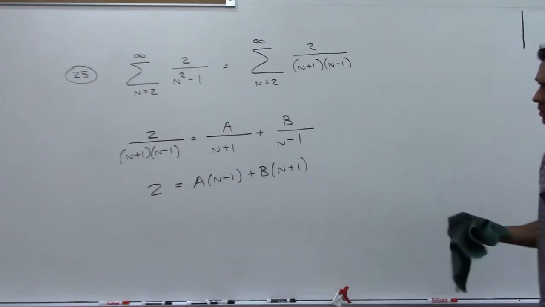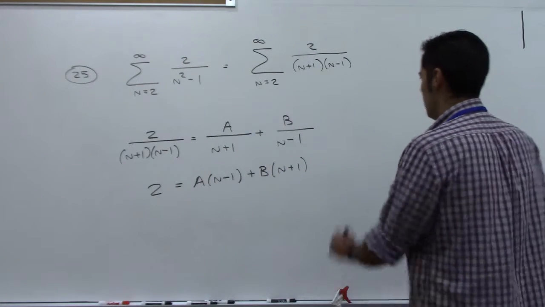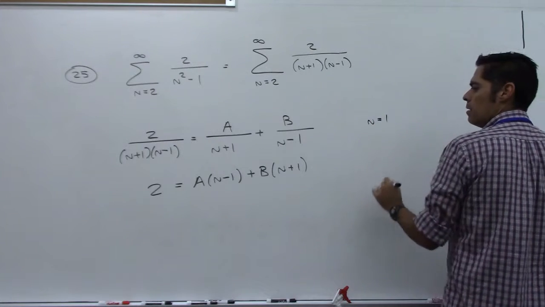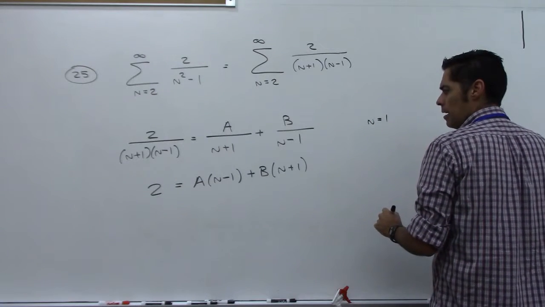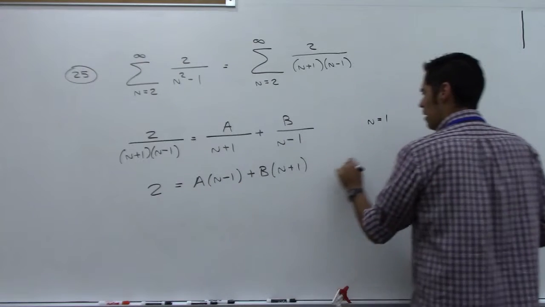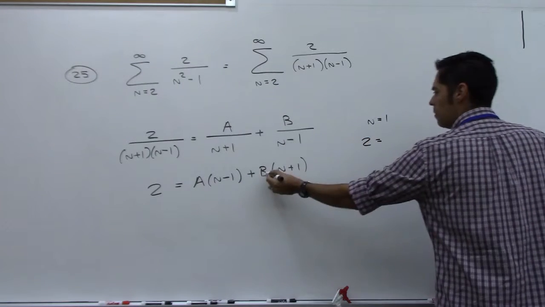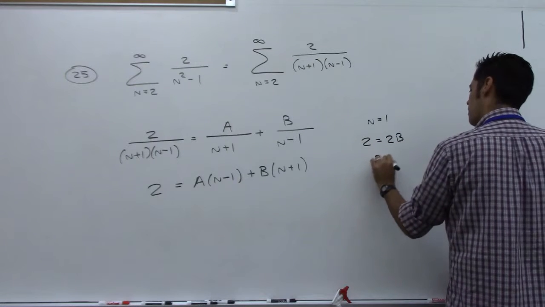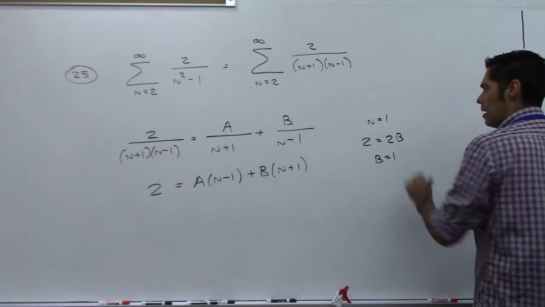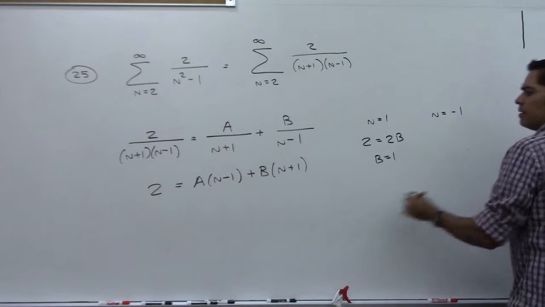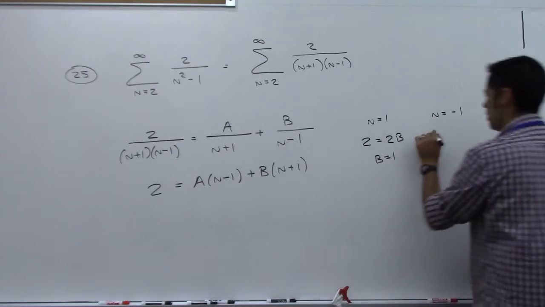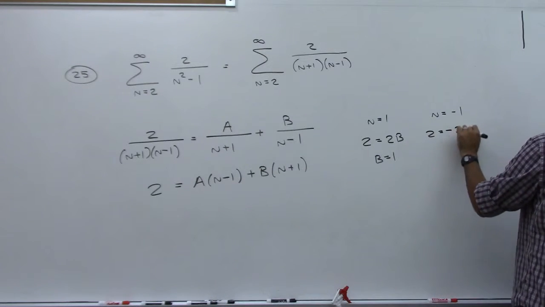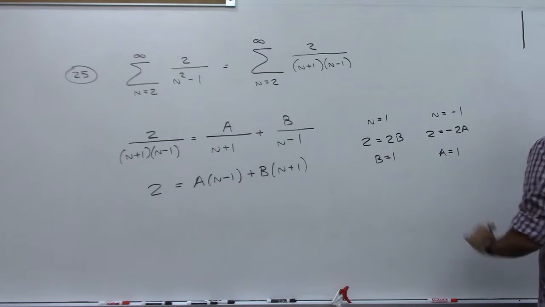And let's see, if n is 1, then it kills off this, and we get 2 equals B times 1 plus 1 is 2, so 2B, so B is 1. So now we know what B is. If n is negative 1, it kills off this one, and I get 2 is equal to negative 2A, so A is negative 1.